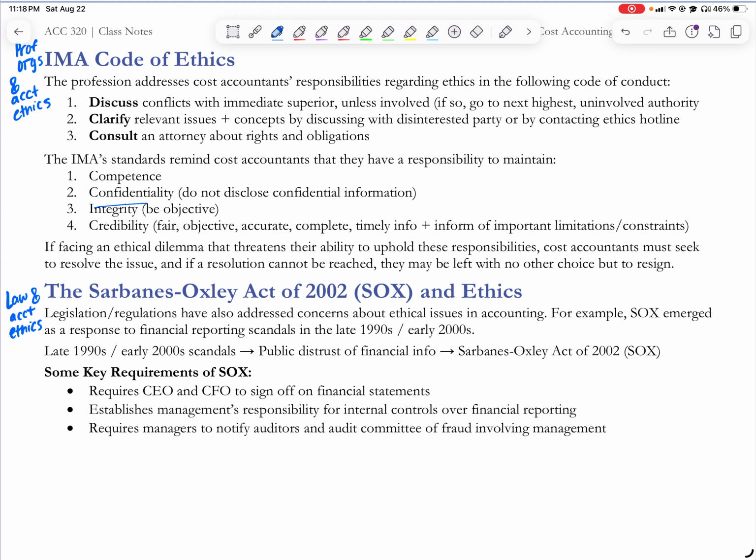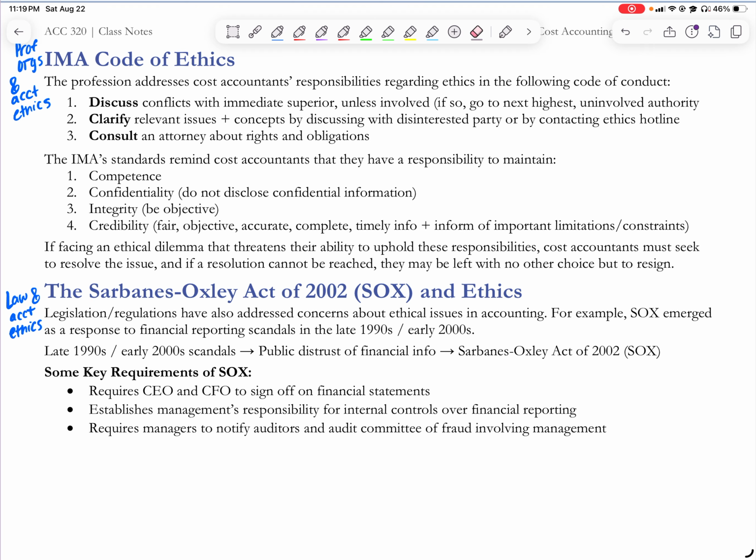They're responsible for maintaining the confidentiality of their clients or of their employers, so they cannot disclose confidential information. They're responsible for maintaining their integrity. They should be objective and truthful, and they should maintain and protect their credibility.